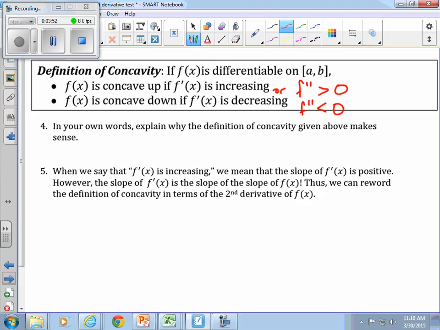Any thoughts on that? Why would an increasing slope, a slope that gets steeper, create a concave up? And why would a slope that gets less steep create a concave down?